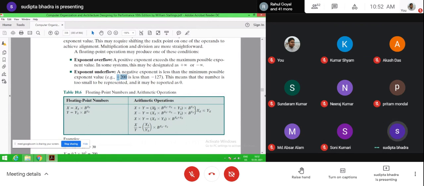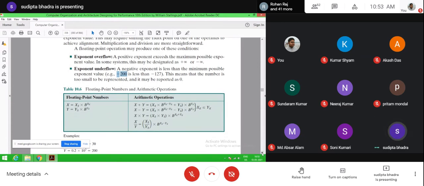Now xs into b to the power xe minus ye plus ys into b to the power ye. Okay, the exponent. Now here this exponent overflow underflow occurs.